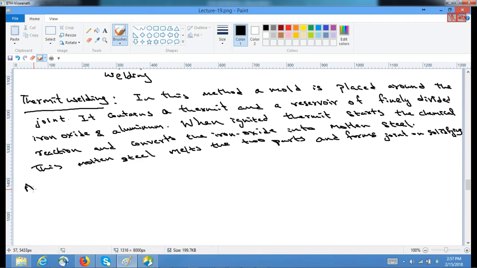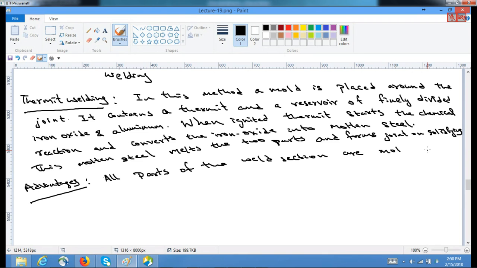The advantages of these are all parts of the weld are molten at the same time and also cool at a uniform rate.